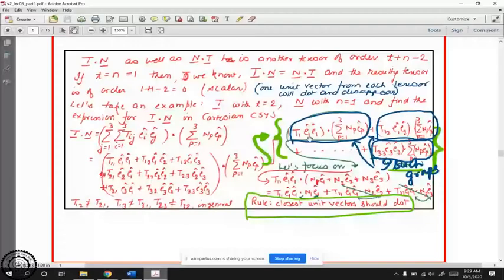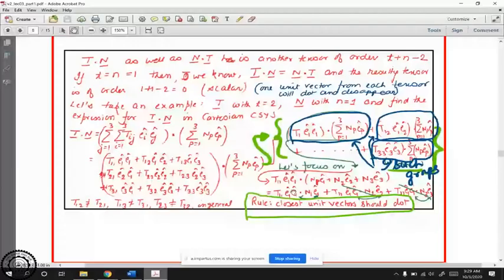So T11 e1 e1 dotting with n_p e_p, T12 e1 e2 dotting with n_p e_p, and so on. In this way there are 9 groups of terms. Now let's focus on the first term alone. That will be T11 e1 e1, and then I am expanding it. It is n1 e1, n2 e2, and n3 e3, right? So this is what I get.